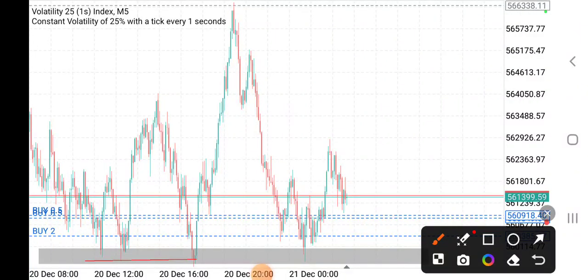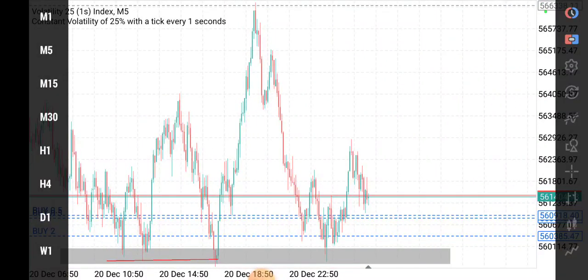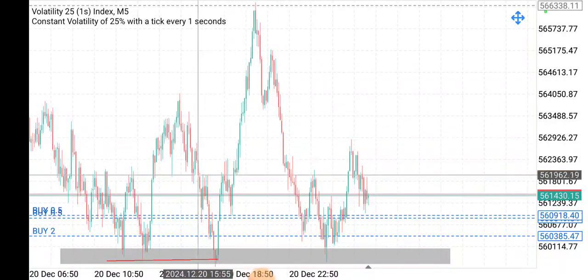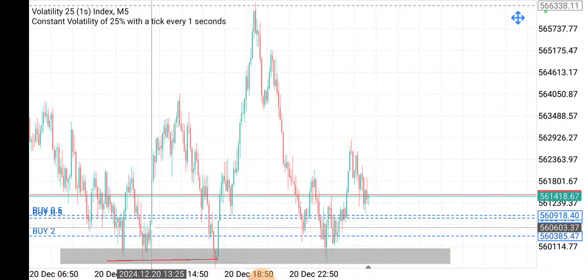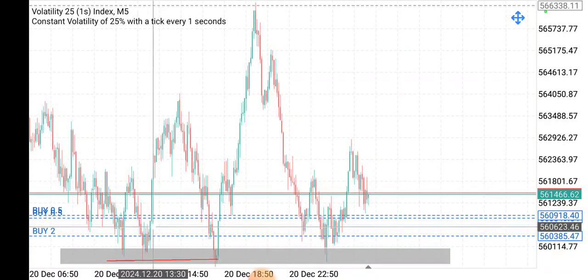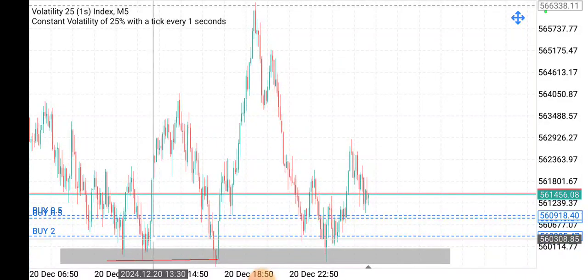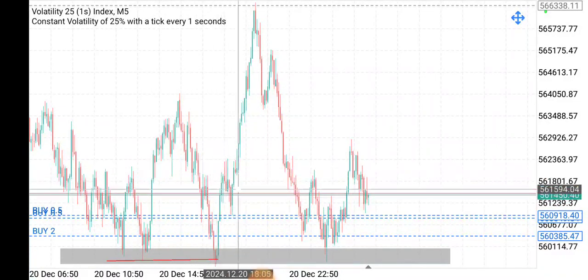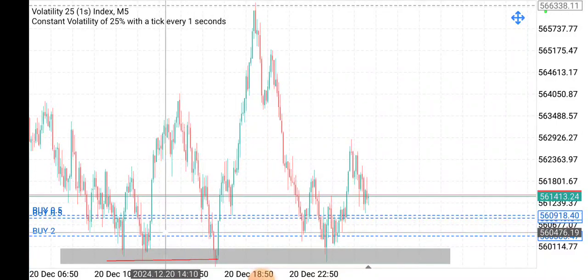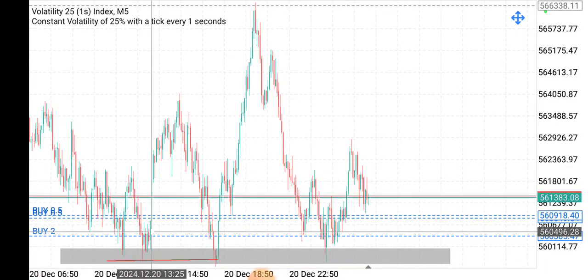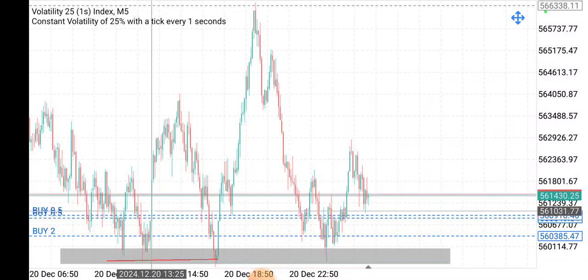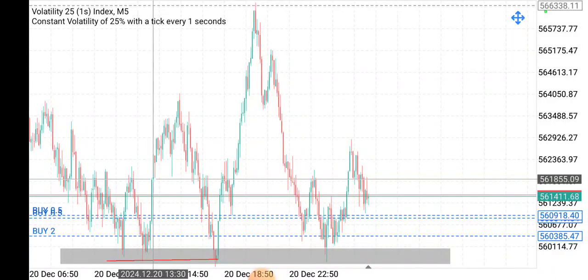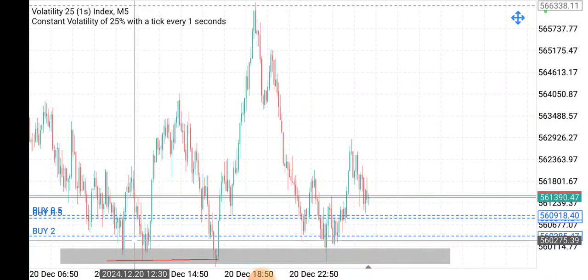So where is our valid order block here? This is our order block. This is a valid order block. This last bearish candle before these three. An order block is only valid if there are 3 consecutive bullish or bearish candles after it.